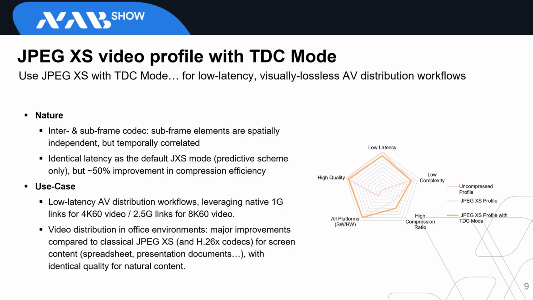Then I want to quickly explain a bit more the TDC profile of JPEG XS and how it differs in the use case. This profile mode was really designed and conceived to enable 4K 60 content transport over 1 gig networks. So it has the same latency as the JPEG XS typical profile, but adds on average a 50% improvement in compression ratio.